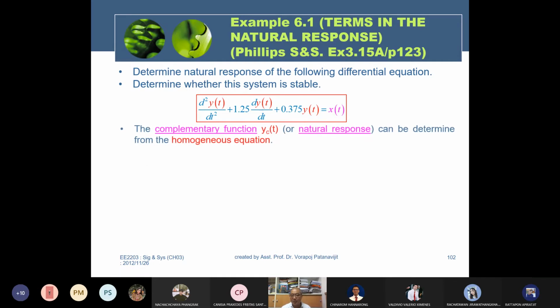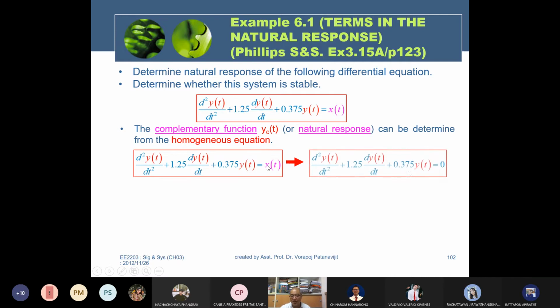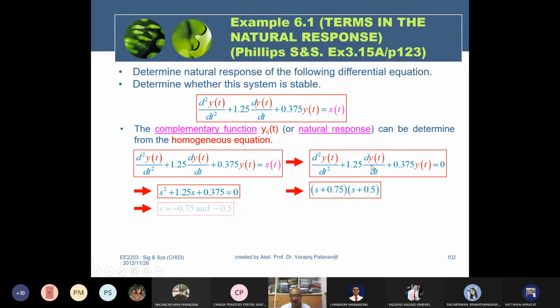So you set the non-y term, x, to be 0, and from this differential equation you can find the characteristic equation. Differentiating 2 times gives s squared, differentiating 1 time gives s. Here you can use the quadratic equation, factorize, and you can get s.